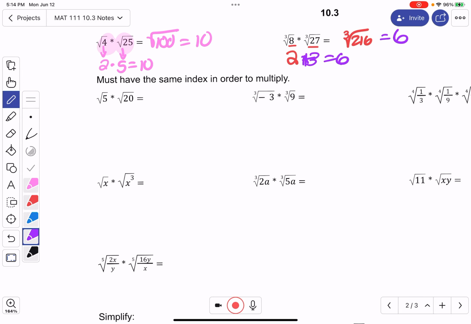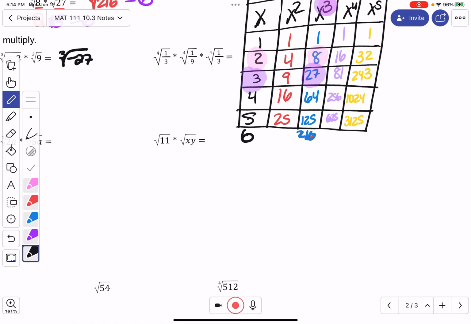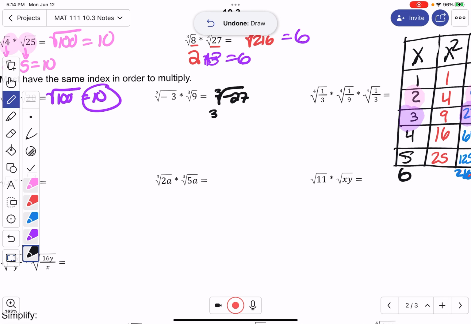So let's try these. 5 times 20, because these don't have perfect squares, we have to multiply them. So 5 times 20 is 100. Square root of 100 is 10. Next one. Negative 3 times 9 is negative 27. And using that chart, cube root 27, 3. So we would say it's negative 3.